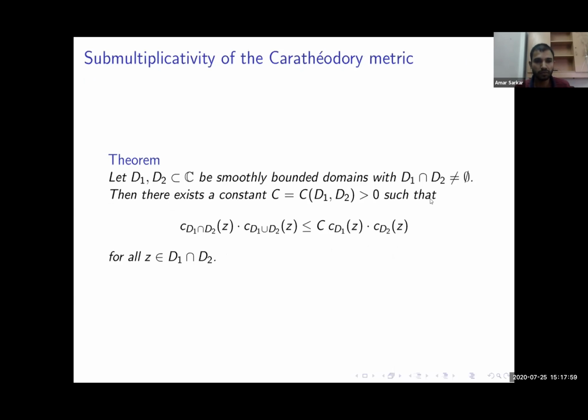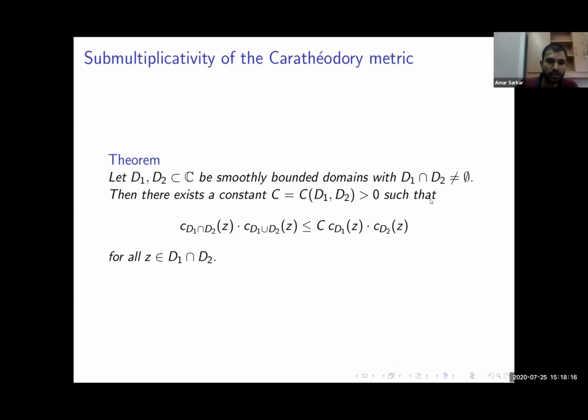This is the last theorem of this talk I'm going to talk about. This connects the Carathéodory metric of any two domains such that the intersection is not empty, and we want the domains to be smoothly bounded.